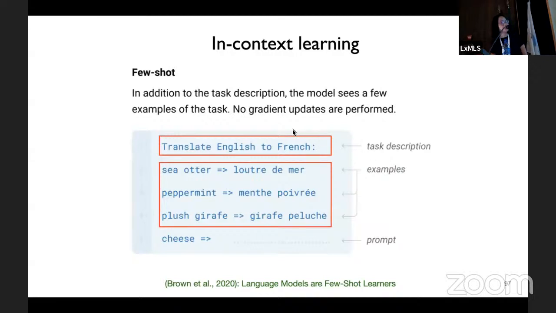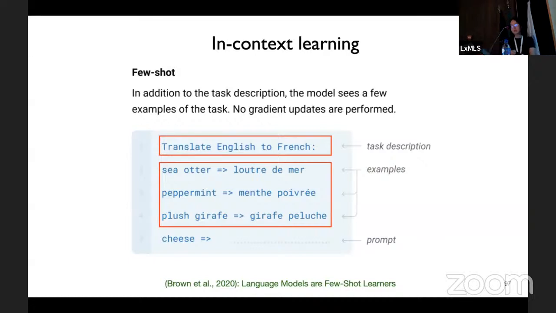If you want to solve, for example, an English to French translation task, you just put in the task description, translate English to French, and you put three examples: sea otter with its French translation, peppermint with its French translation.